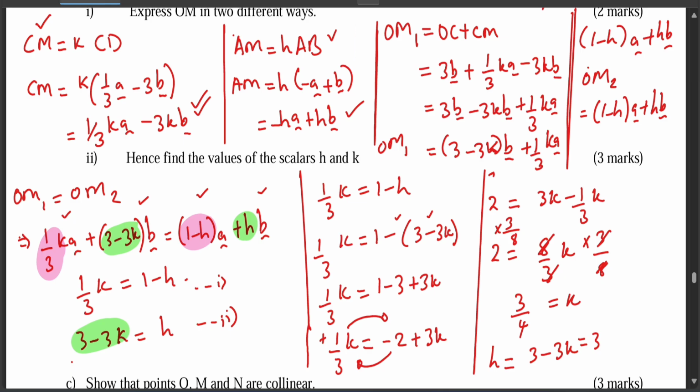So 3 minus 9 over 4 ni 0.75. So which is 3/4 again. So H pia ni 3/4. Okay. Ikawa the same thing. So K ni 3 over 4.